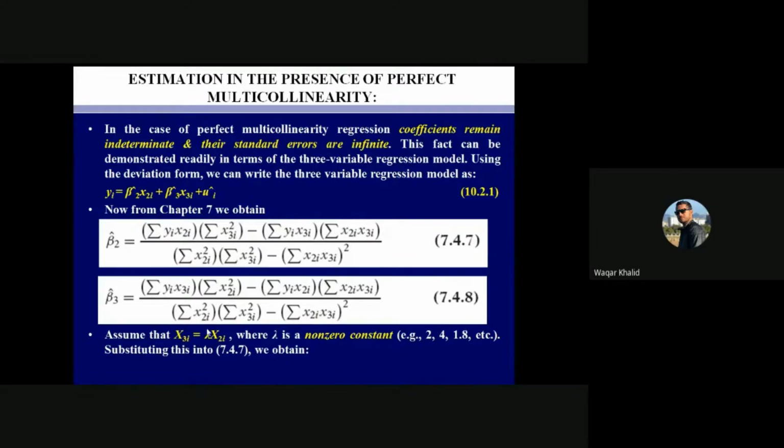If the relationship between x3 and x2 is a perfect linear one, substitute this relationship in equation 7.4.7. What will you get?